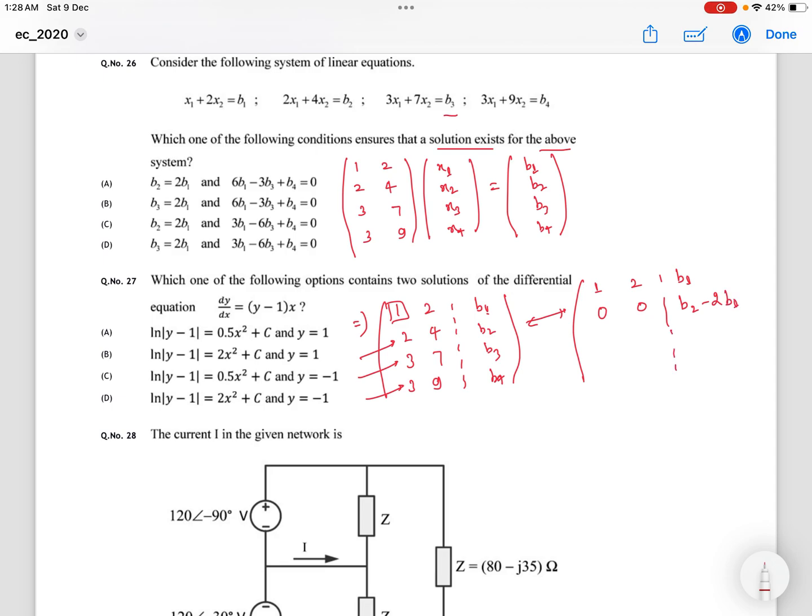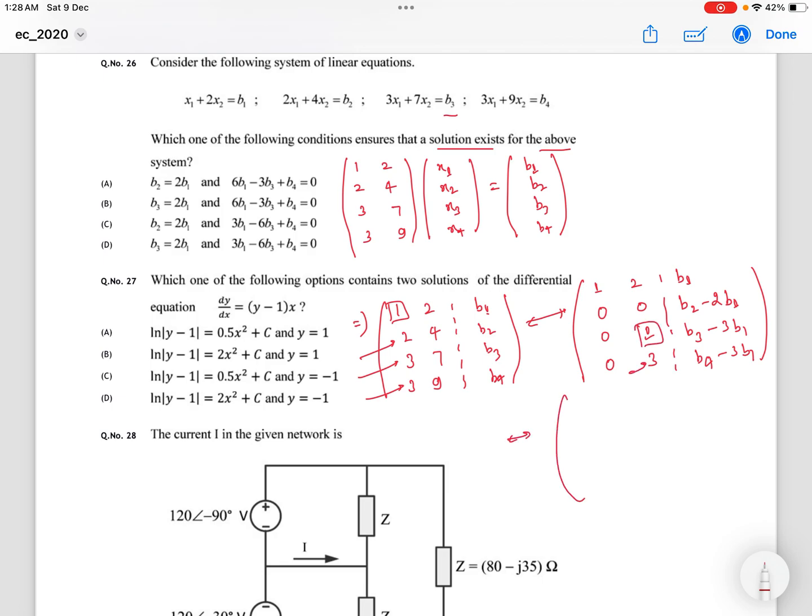Then multiply row 1 by 3 and subtract it from row 3. It will be 0, 7 minus 6 is 1, and here we will have b3 minus 3b1. Here we will have 0 and 9 minus 6, that is 3, and b4 minus 3b1.